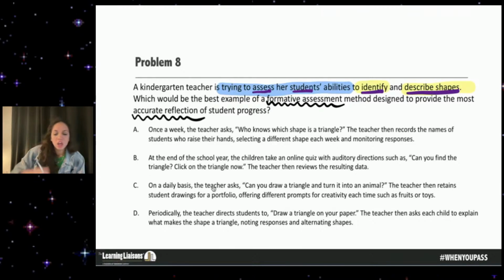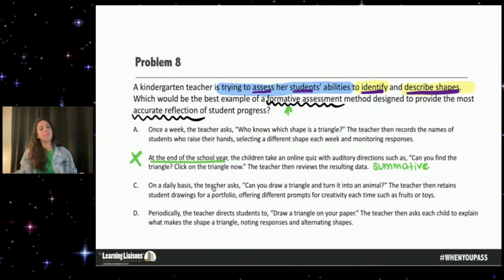So the first thing that sticks out to me is this: at the end of the school year. What does that tell me? That tells me that this is a summative assessment rather than a formative assessment. Remember, formative is going to form our instruction.